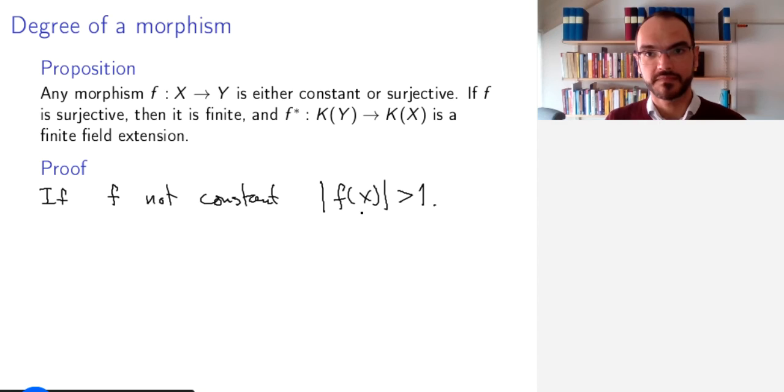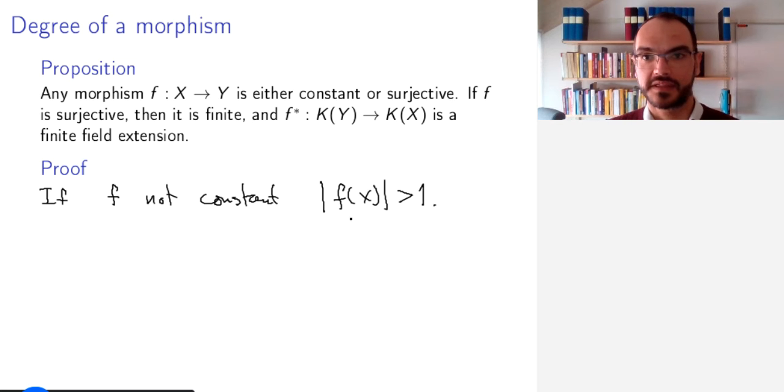But f of X is a closed subset of Y. This is because Y is a projective variety, and we had this when we discussed completeness of projective varieties. So therefore f of X is closed, and also since X is assumed irreducible, f of X is irreducible.